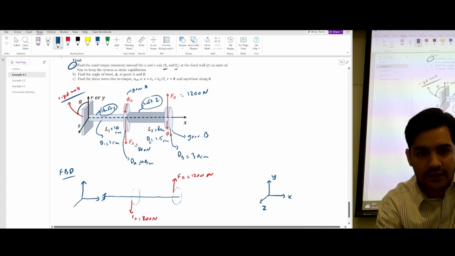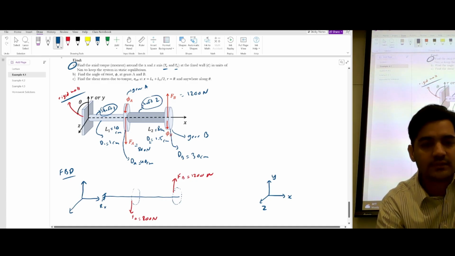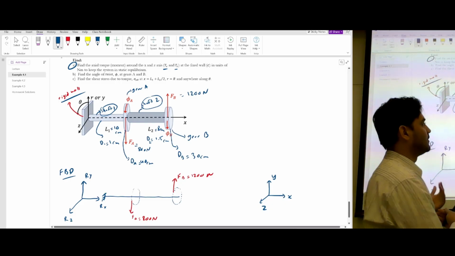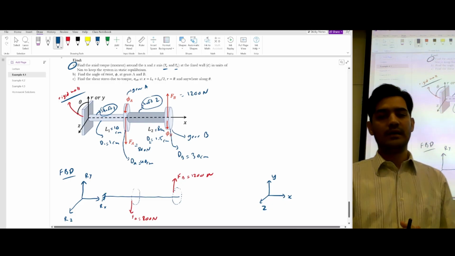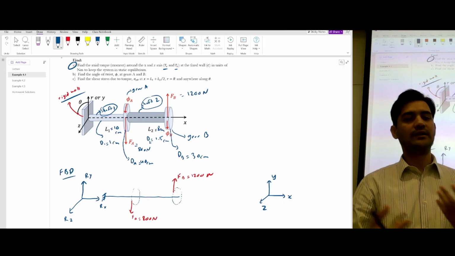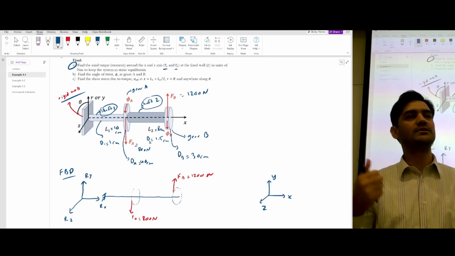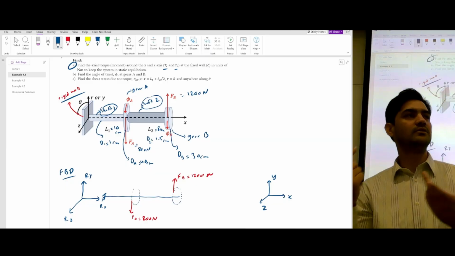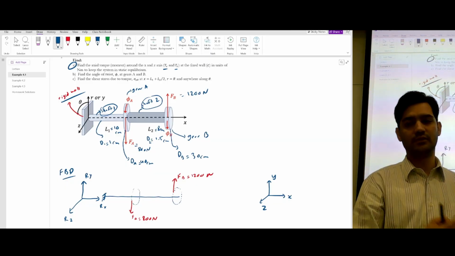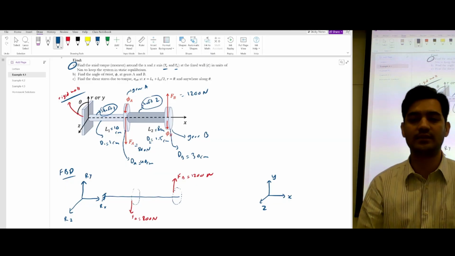And then you have a reaction along the z-axis. So let's call this one Rx, the reaction along the x-axis. Let's call this Ry, the reaction along the y-axis, and let's call this Rz, the reaction along the z-axis. You can calculate these reactions by using the equilibrium equations. Summation of forces along the x-axis is equal to 0, summation of forces along the y-axis is equal to 0, and summation of forces along the z-axis is equal to 0.